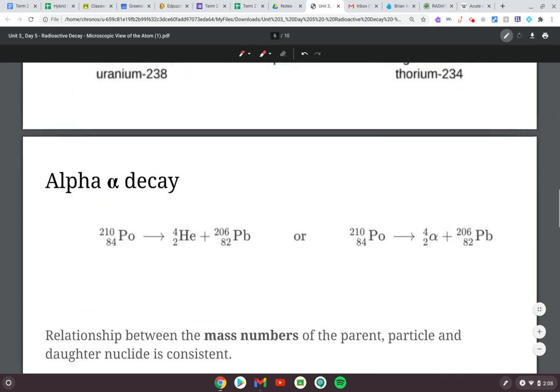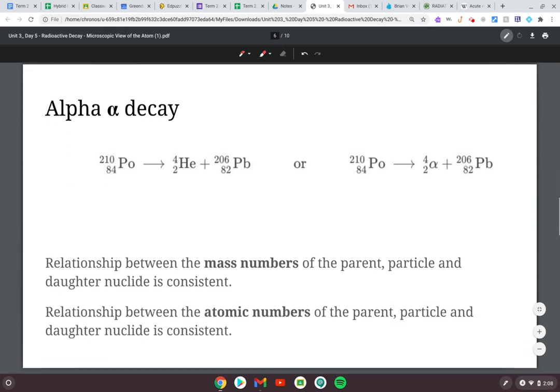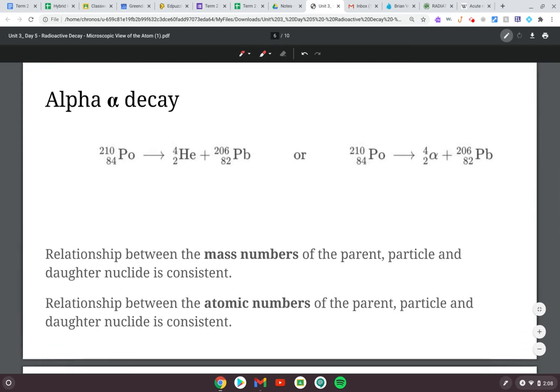And so here are some alpha decay equations that go along with that. If we start with an element like polonium, which is element number 84, and polonium undergoes alpha decay, it would give off the equivalent of a helium atom in terms of protons and neutrons. And then you would be left over with the element lead.